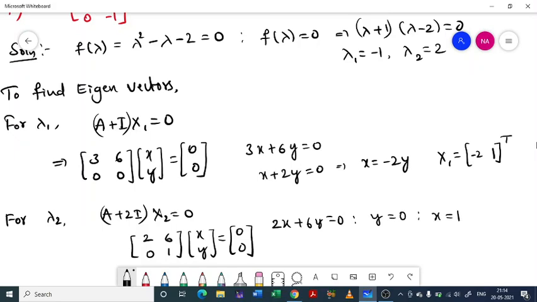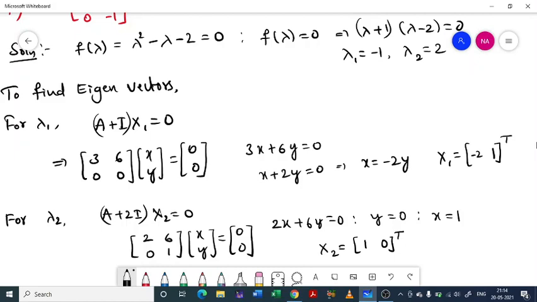So y is 0, and x can take any value. I'll take x equal to 1. So x2 will be (1, 0) transpose. We got y equal to 0, but there is no restriction for x, so x can take any value. That gives the second eigenvector to be (1, 0).